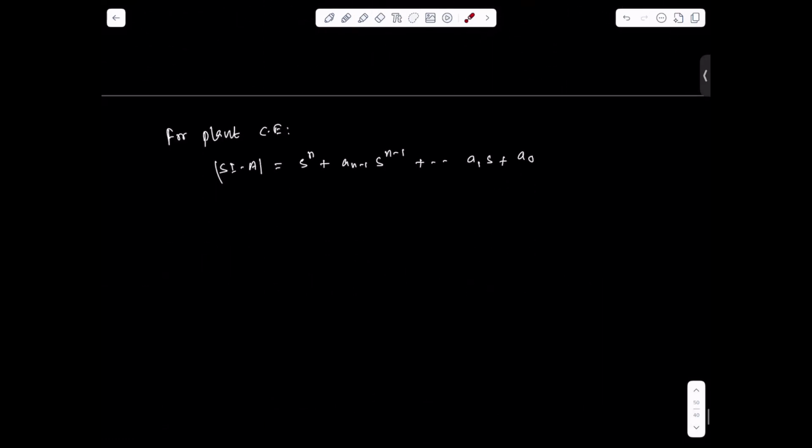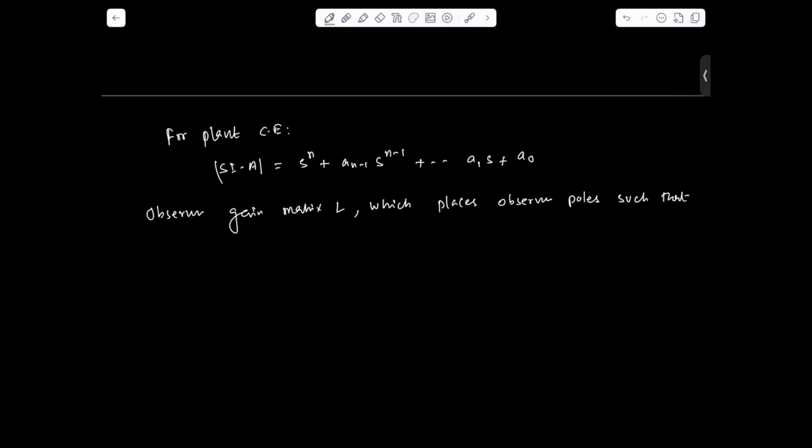So here we can find the observer matrix L which places the observer poles such that the observer's characteristic equation is the determinant of sI minus A naught, the observer system matrix.